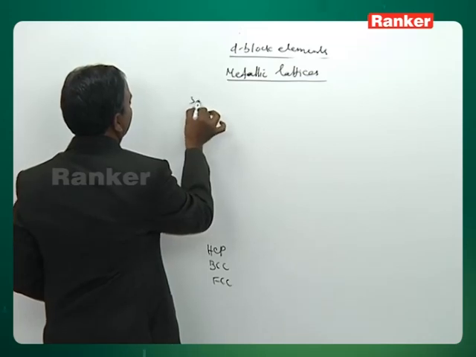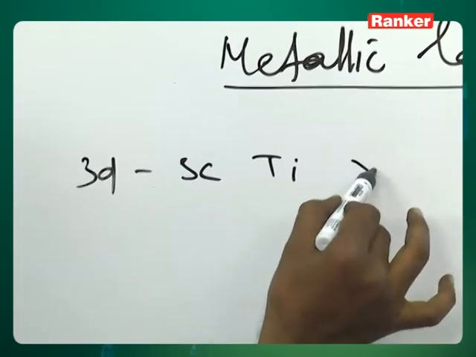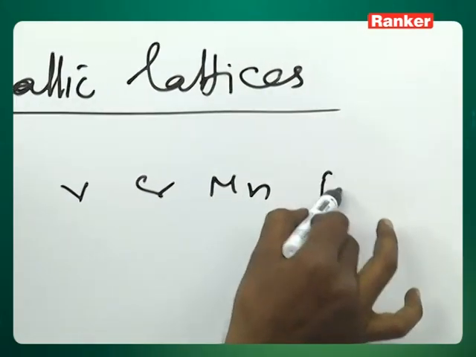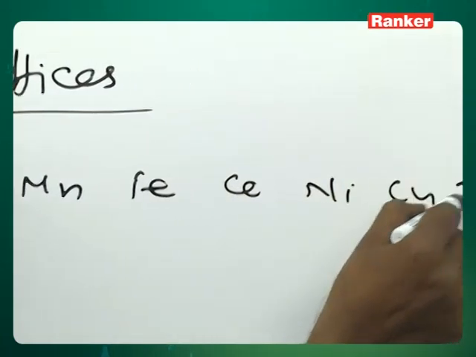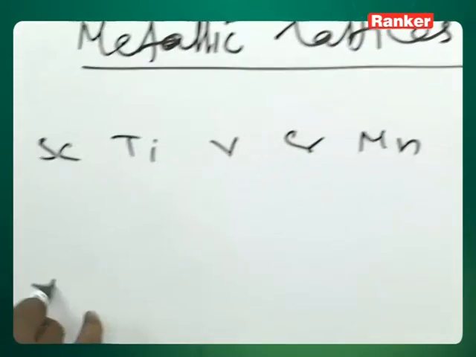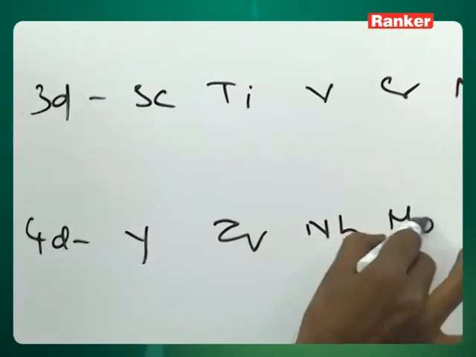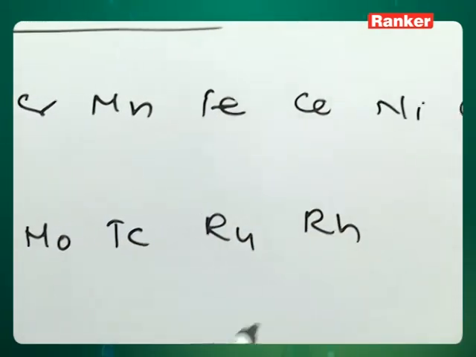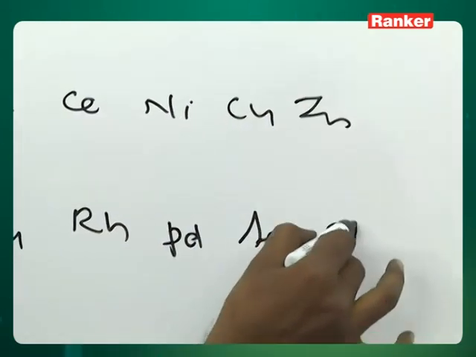Consider the 3d series: scandium, titanium, vanadium, chromium, manganese, iron, cobalt, nickel, copper and zinc. The 4d series: yttrium, zirconium, niobium, molybdenum, technetium, ruthenium, rhodium, palladium, silver, cadmium.